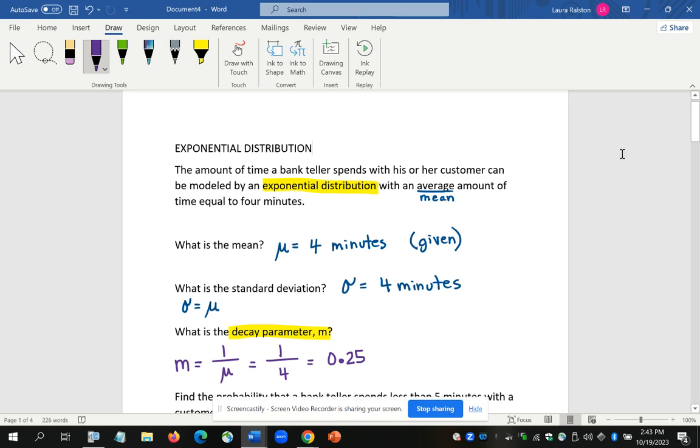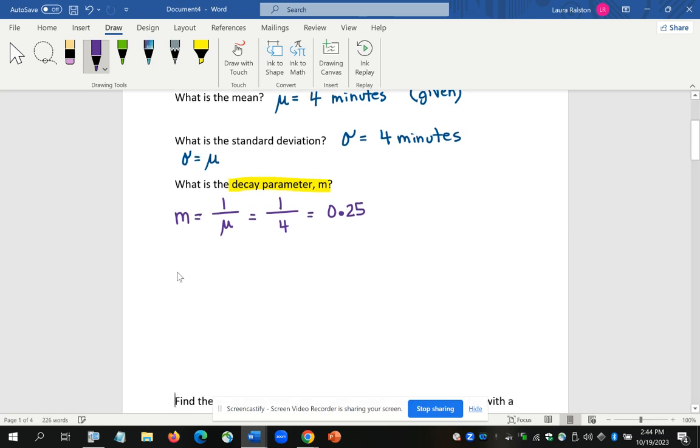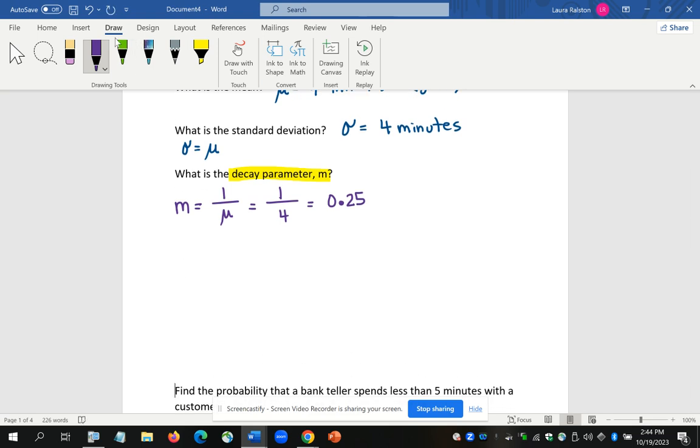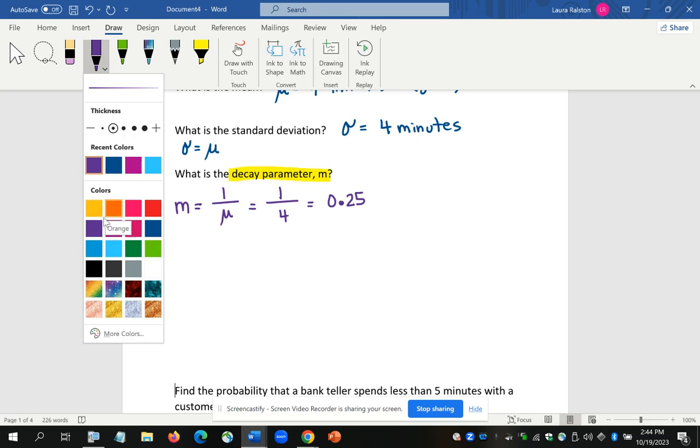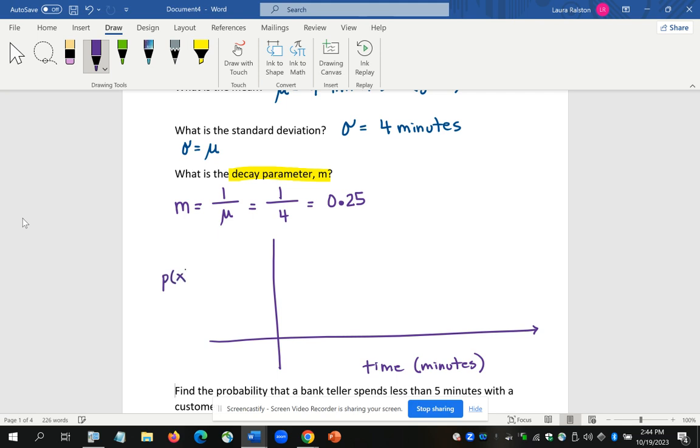If you want to look at this visually, and again, I'm not going to draw this to scale, but to give you an idea of what an exponential function could or would look like, we would have our vertical scale and our horizontal scale. We would have our time, which is in minutes, on the horizontal, and our probability would be on, not really on the vertical, but we could determine it.